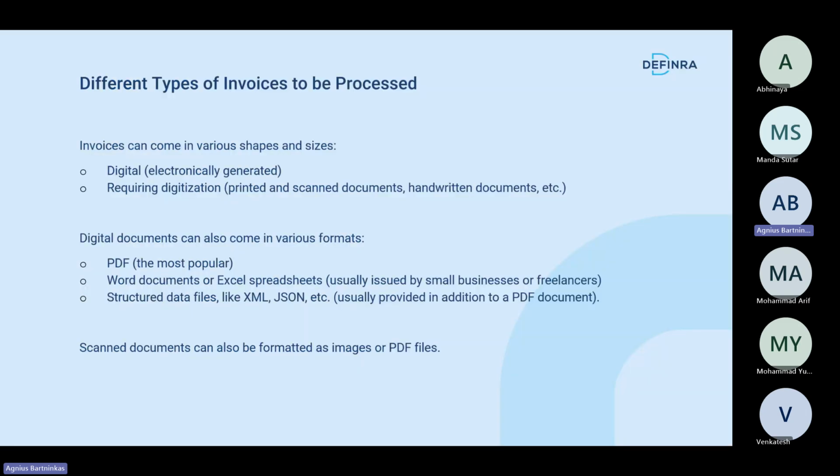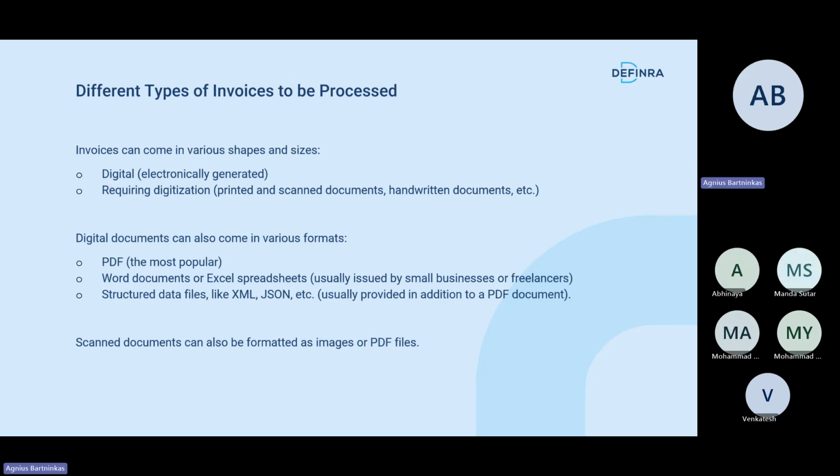Right, so let's start. And first of all, when it comes to invoice processing, the reason why it's a topic that can get quite complex is because invoices can come in various shapes and sizes. So first of all, there's generally two pretty wide types of invoices that we can receive as organizations.